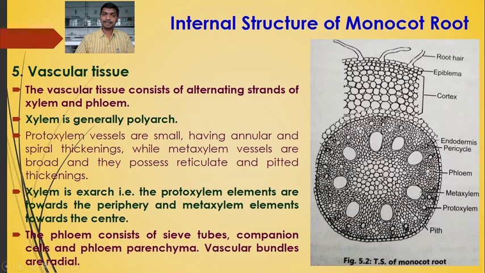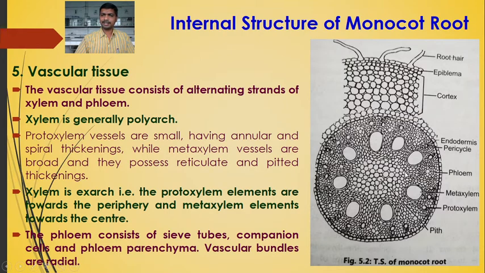Protoxylem vessels are small, having annular and spiral thickenings, while metaxylem vessels are large and broad, possessing reticulate and pitted thickenings.